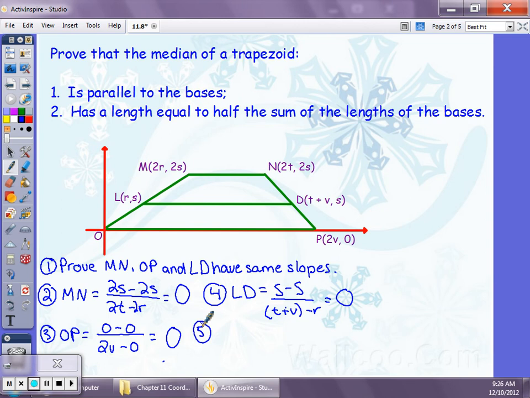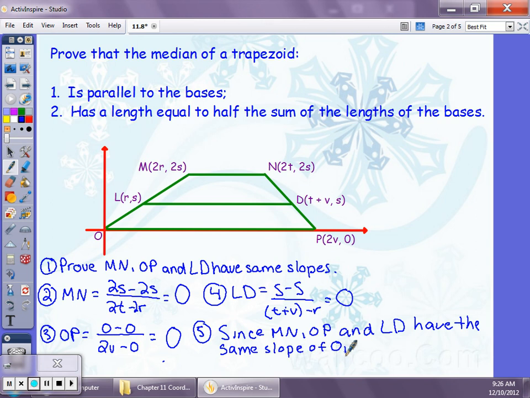So our concluding sentence is going to state, since MN, OP, and LD have the same slope of 0, the median of the trapezoid is going to be parallel to the bases. So then the median of the trapezoid is parallel to the bases.